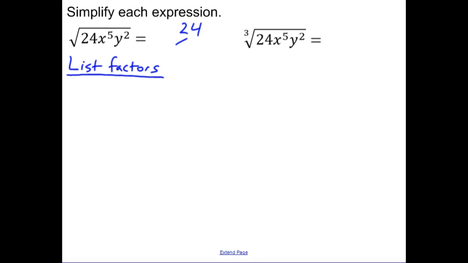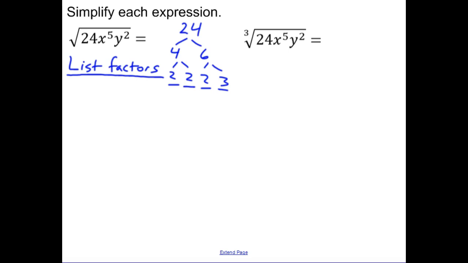That is a prime factorization that can be approached a few different ways, but will end up in the same place. So 24 is equal to 4 times 6 is one breakdown that we could use, and 4 is 2 times 2, and 6 is 2 times 3. So these are my factors of 24, my prime factors.